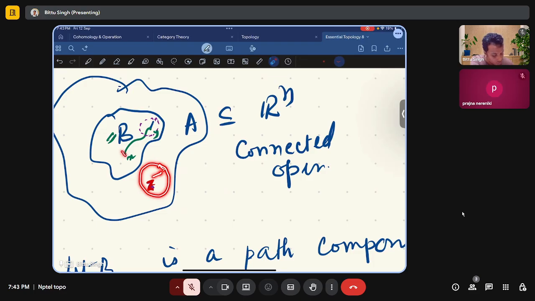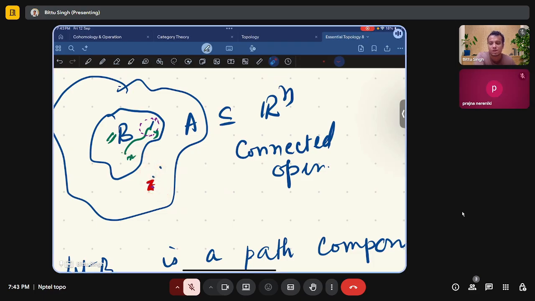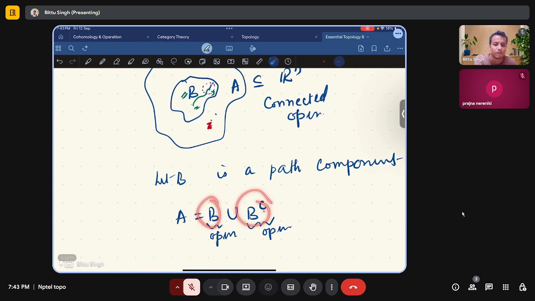But my claim is that for this new point in the neighborhood, you cannot draw a curve which joins X and this new point. Otherwise, it will also join the point Z, right? Yes. Okay. So B complement and B are both open.